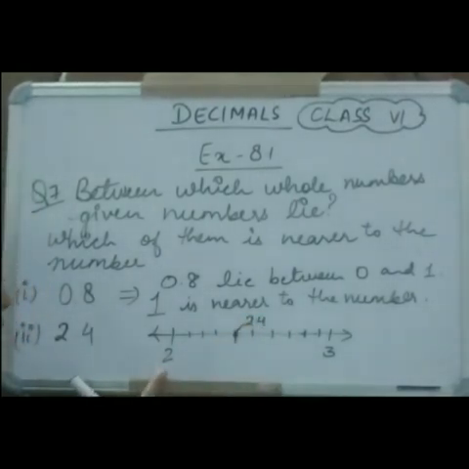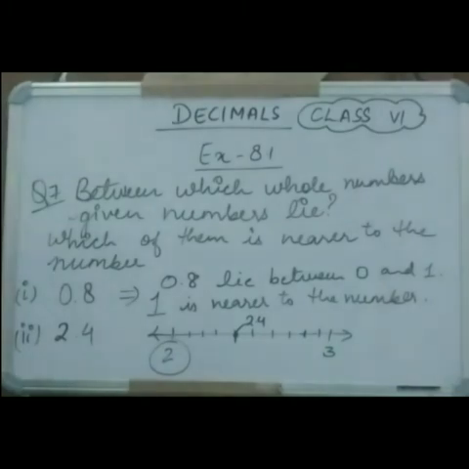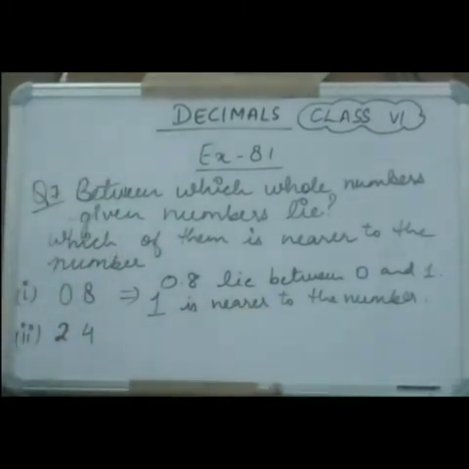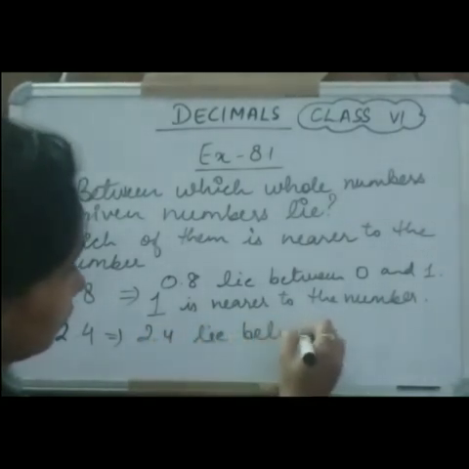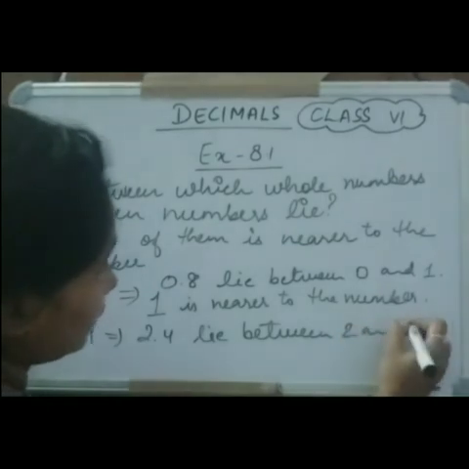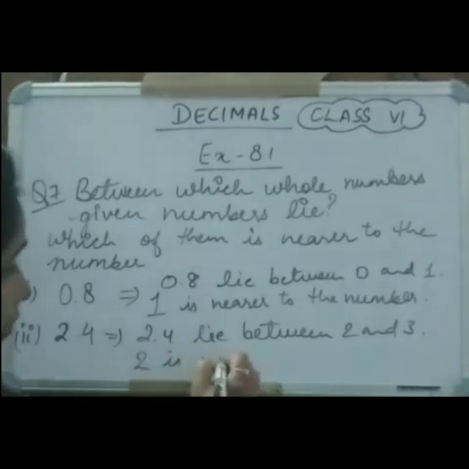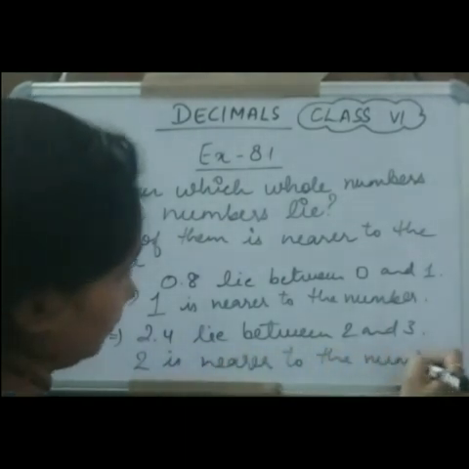So is it nearer to 2 or to 3? It is coming nearer to 2. Yes. So what will we write here? We will write that 2.4 lies between 2 and 3, and which one is nearer to it? 2 is nearer to the number.